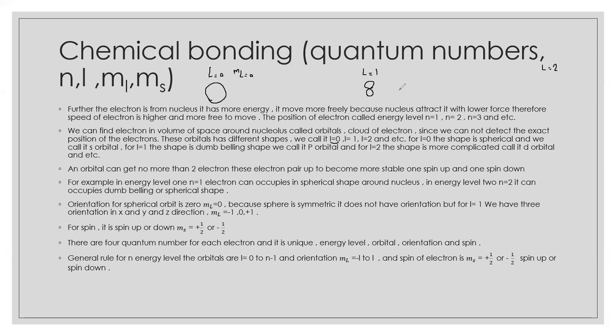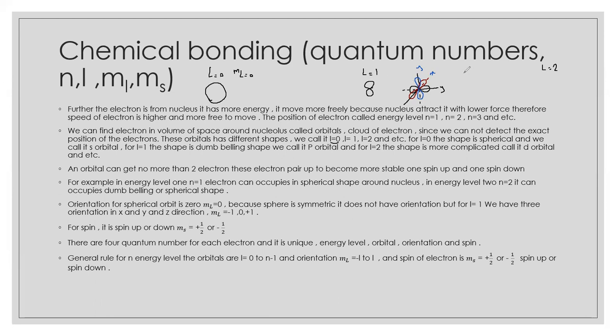But for a dumbbell shape, we could have this dumbbell on the x-axis, or on the y-axis or z-axis, right? Let's say it could be along the y-axis, or along the x-axis in 3D. So here is x, here is y.